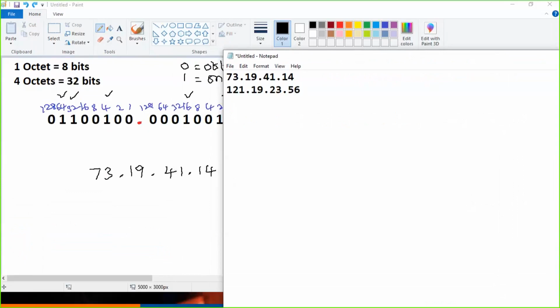So you can give me your examples also quickly. Anyone, please. 192.168.10.1.